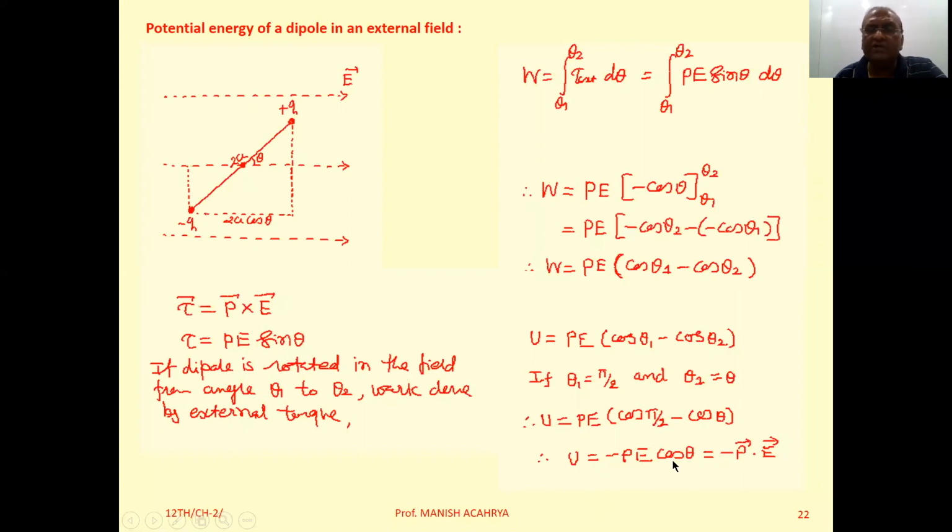Therefore U equal to minus PE cos theta, which is equal to minus P dot E. It implies that in general, when the dipole is at any angle theta with respect to the field, its potential energy is minus PE cos theta. Clear?